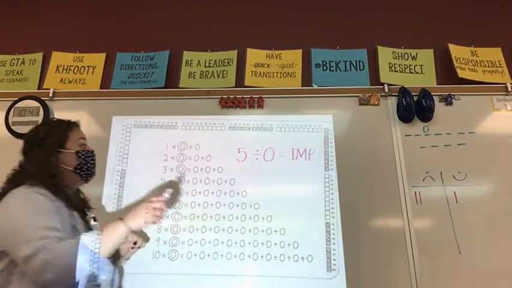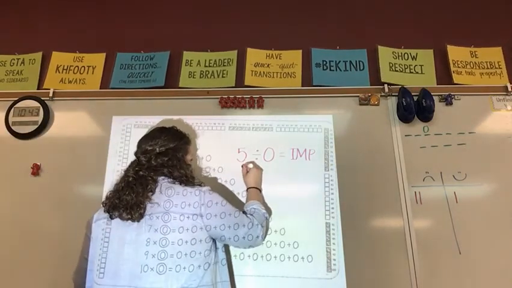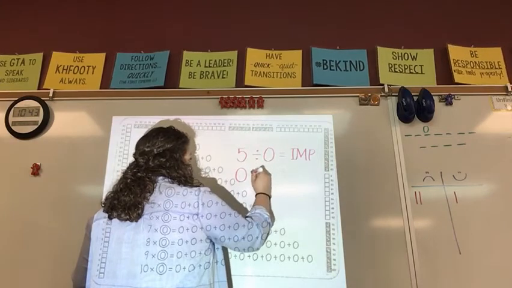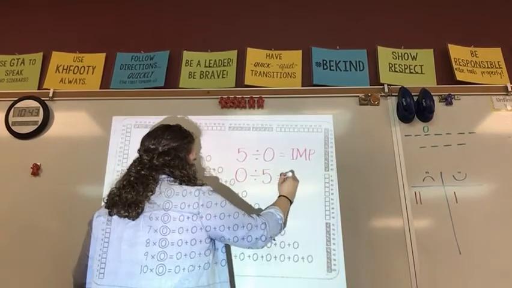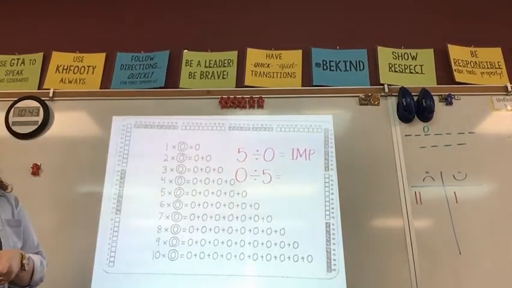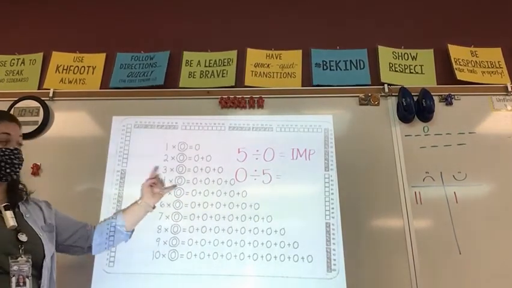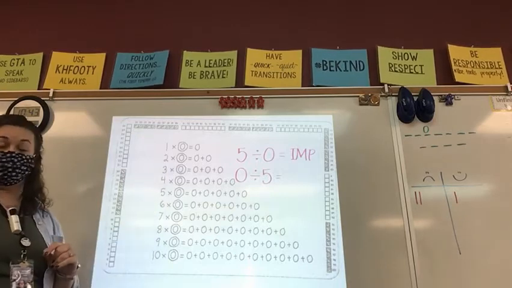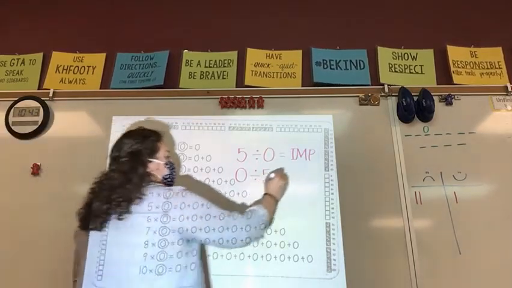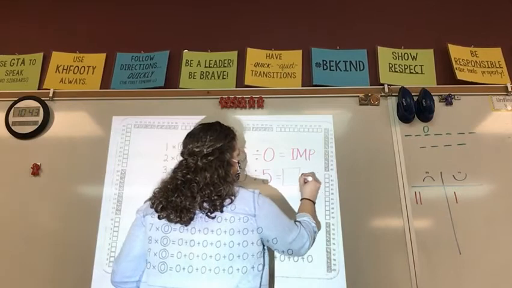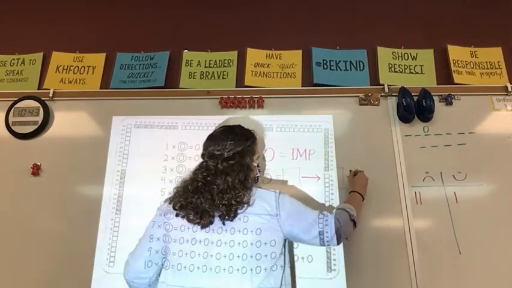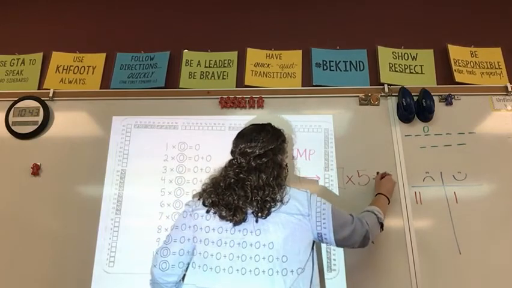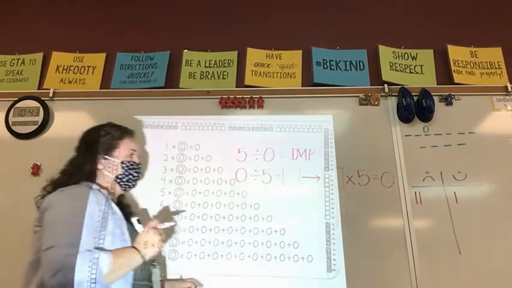However, if I have 0 and they want to try to divide it into 5 groups, that is the same as flipping my equation, right? Because I can flip that and say, okay, that's the same as something times 5 equals 0, correct?